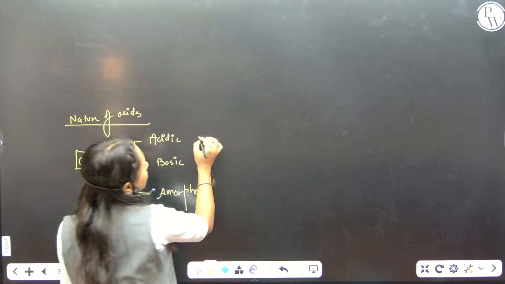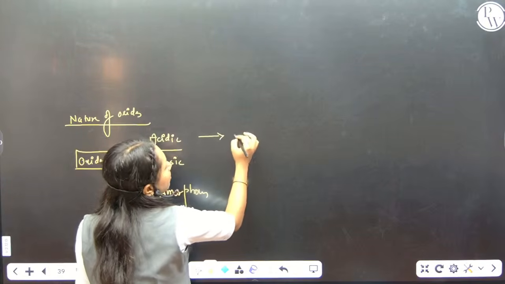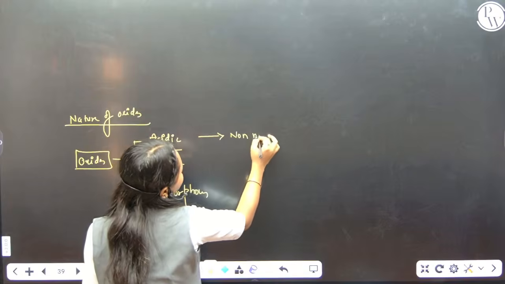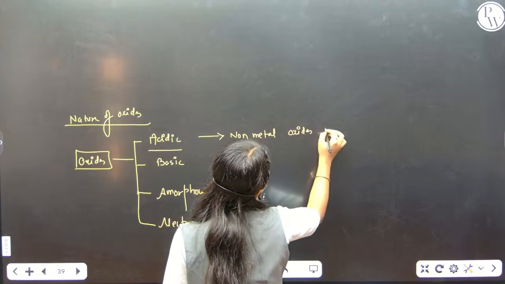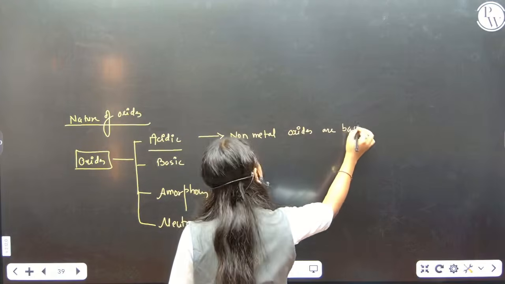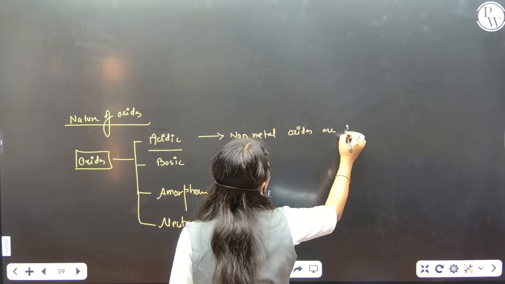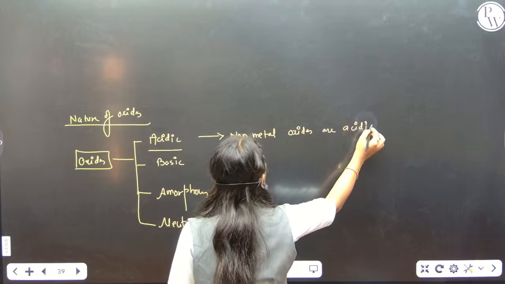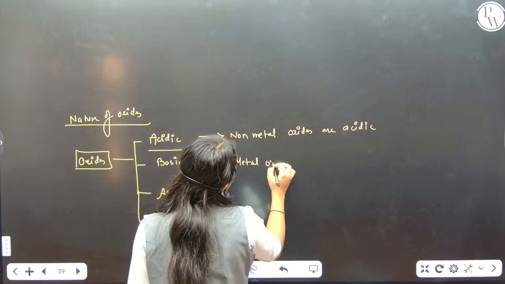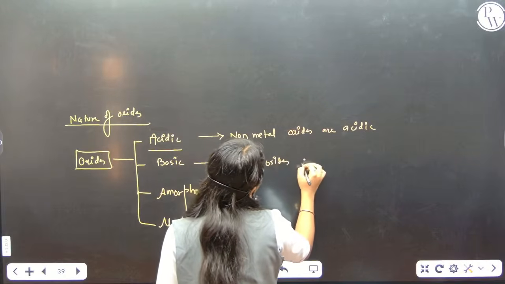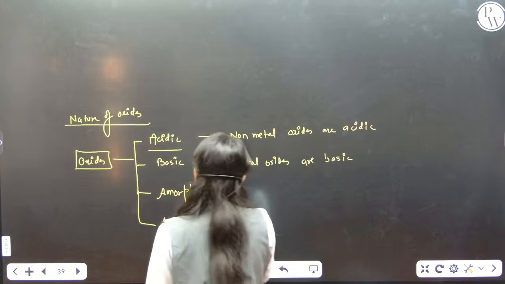What are the acidic and basic oxides? Non-metal oxides are acidic. Metal oxides are basic.